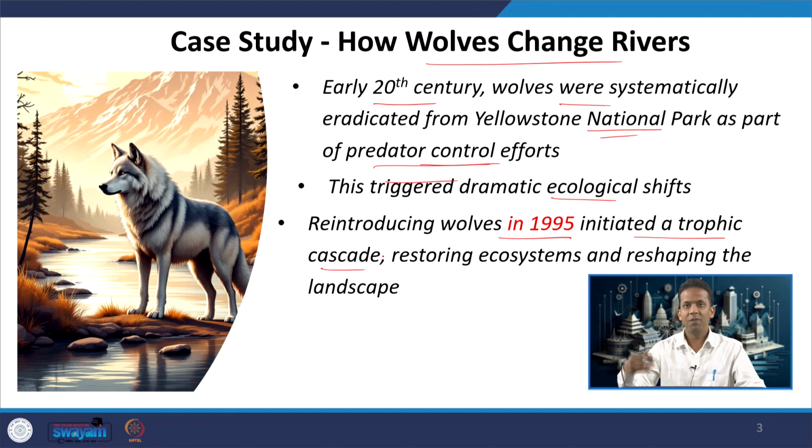There are different trophic levels, right: producers, then primary consumers, secondary consumers, tertiary consumers. This trophic cascade, initiated after reintroducing wolves in 1995, helped restore the ecosystems and also reshape the landscape. Let us look at how it happened.